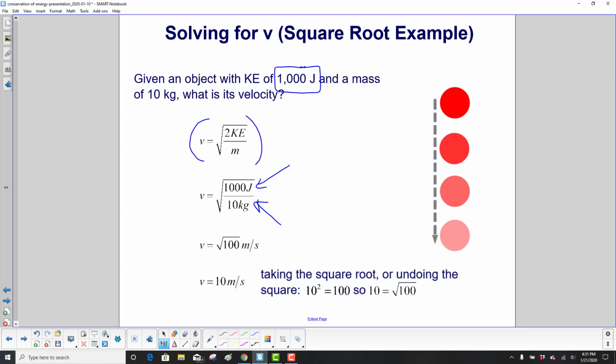Taking the square root of 100 means finding what number times itself will equal 100. That happens to be 10, because 10 squared, which is 10 times 10, is equal to 100. So the square root of 100 is 10, and our velocity is 10 meters per second.